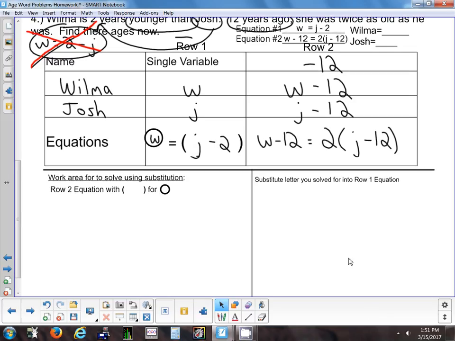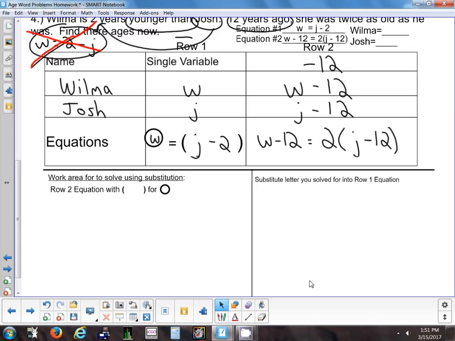Somebody want to tell me what they wrote or what you need to write when you set up your equation to solve for one of the people? Anybody want to take a shot at that? How would you set it up? The whole thing with only one variable. All right, let's back it up then.